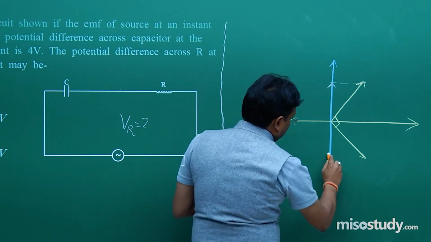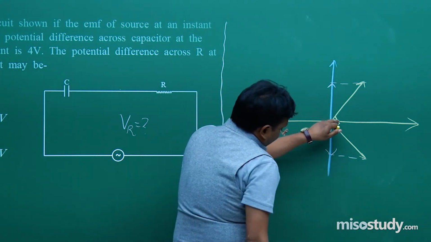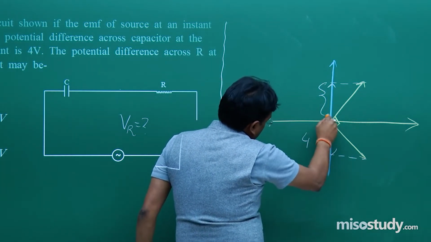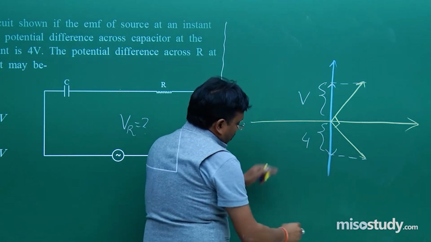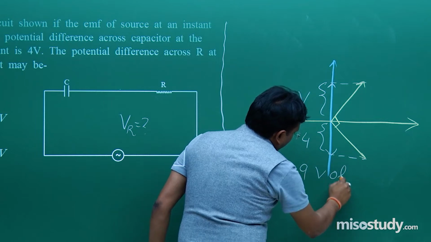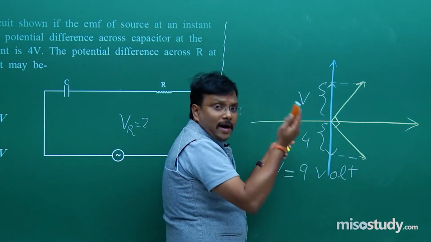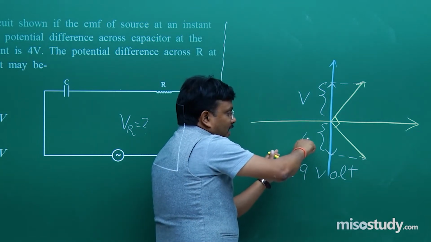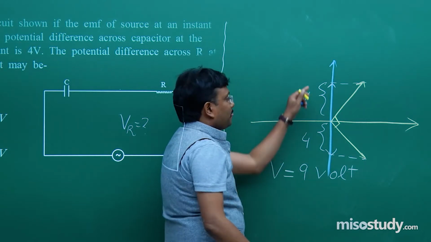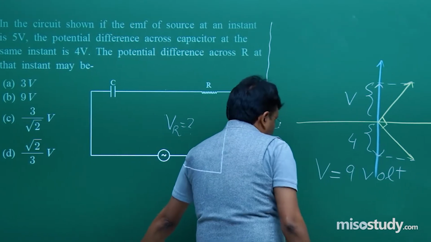So, 90 degree, therefore, this much is 4 and this much is V. So you can say V is equal to 9 volt. How? V minus 4 is equal to 5. So shift minus 4 to the right hand side, you will get V is equal to 4 plus 5. That way you get the value as 9 volt. B is the correct option. Fine.